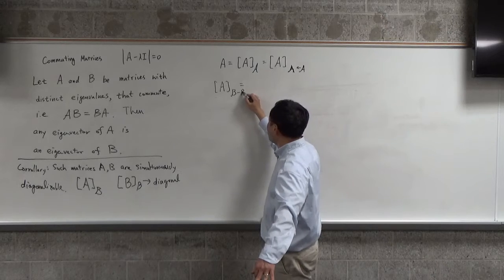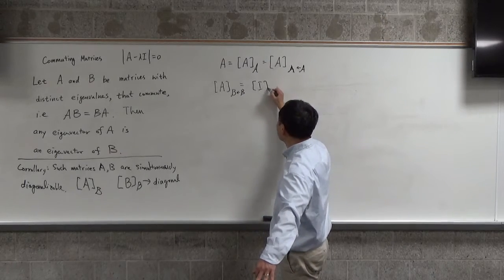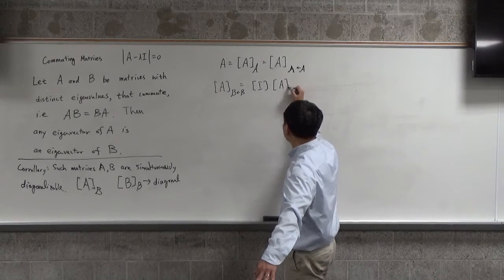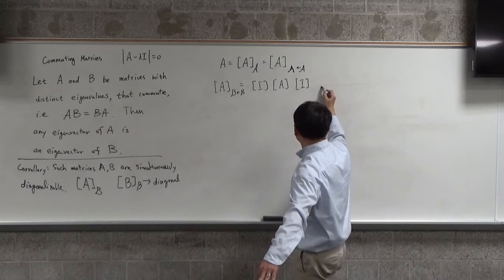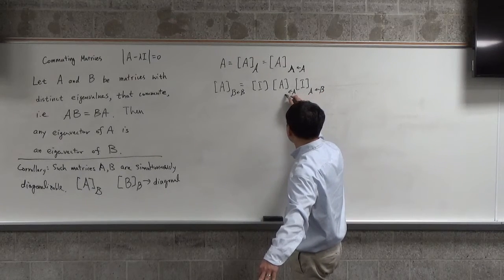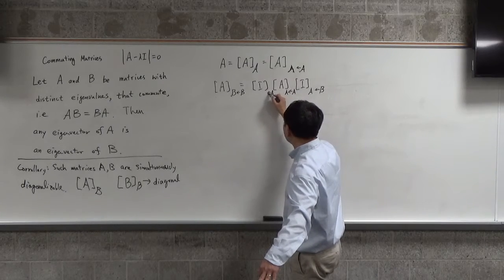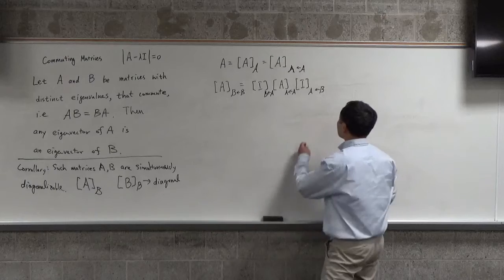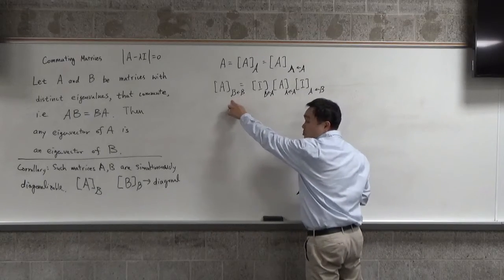So this is really B to B. So B goes to A, goes to A, and then A goes to B. So B goes to A and then A goes to A and then A goes to B, then B goes to B. Right?